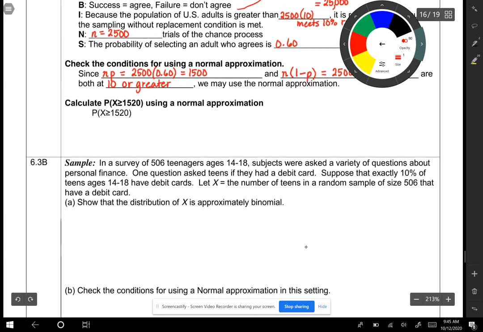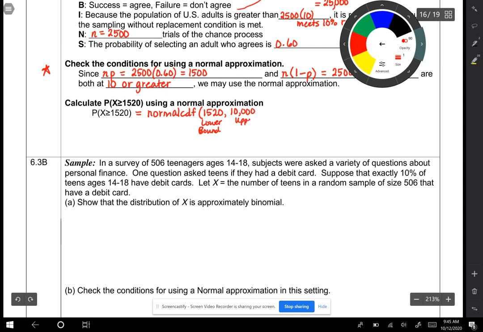So here we can use a normal CDF. So you must show this. Our lower bound is going to be 1520. Our upper bound is going to be some large number. You could put 1,000,000 if you want to.